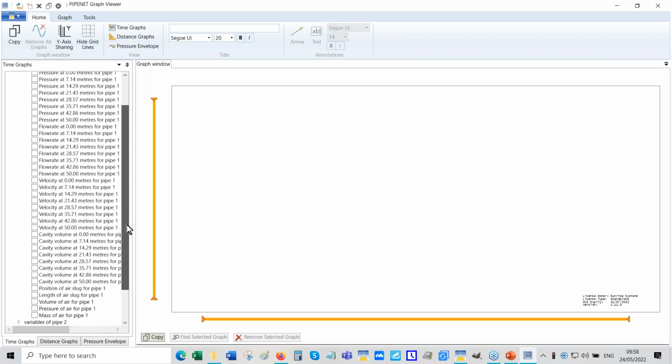Let's look at the cavity, it should be at the inlet. Okay, these are the different grids. A pipe is subdivided into grids. And so this is the cavity volume in each of the grids.